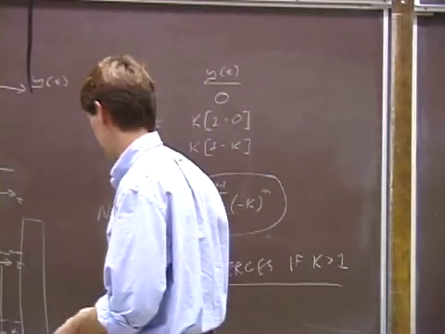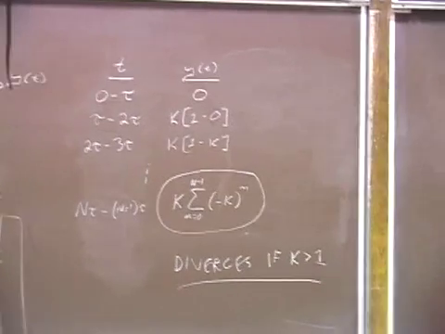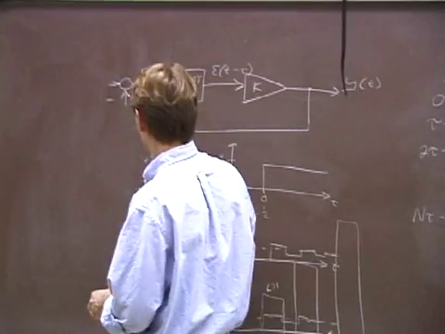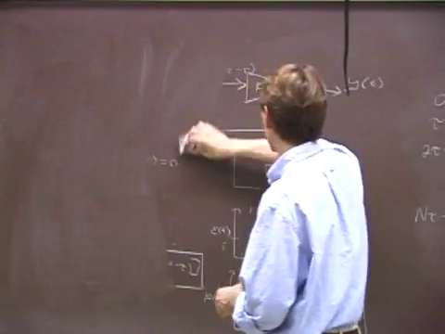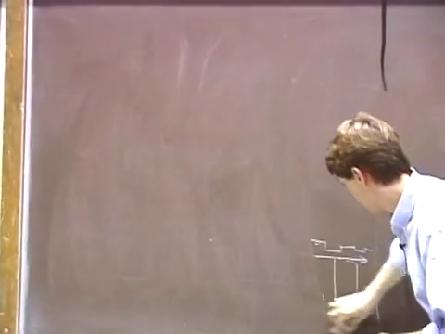I want to talk real quick, now that I've laid the foundations for control theory, about one application of control theory that we use all the time, and that is laser frequency stabilization. And I hope to use this as an example of the control theory that I've treated so far.